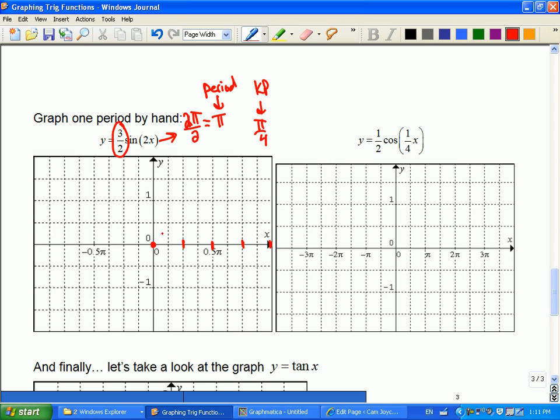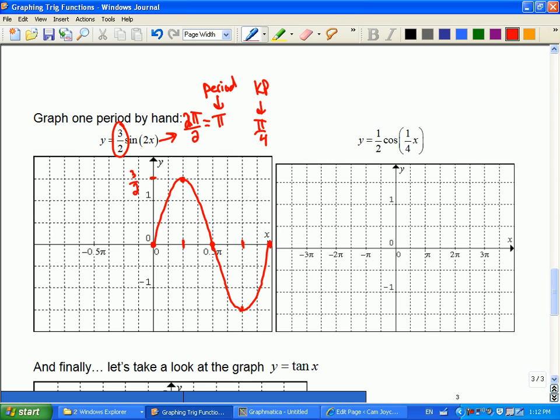Those are where my key points are going to be. So the first one, I'll go up to the top, which is at 3/2. Right now I go up by that much, back to the middle, 3/2, back to the middle. So that's what the graph could look like for 3/2 sine 2x if you use the same scale I have.